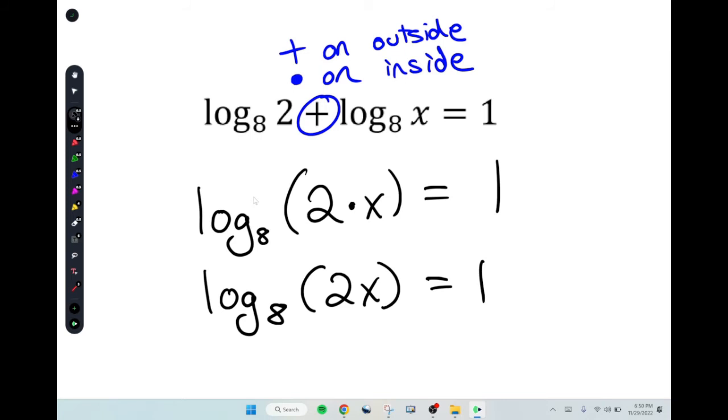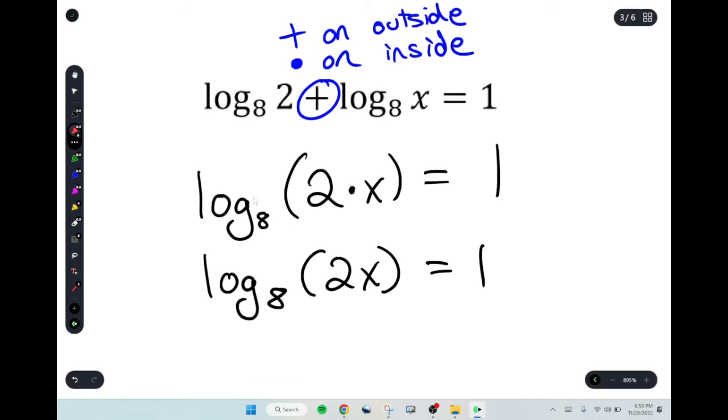And now this is the same trick question as before, the same one as the e: how do you get rid of a log? How do you get rid of a log or an ln or anything like that? It's the same thing, just over and over and over. It's the same process, just not an e this time.